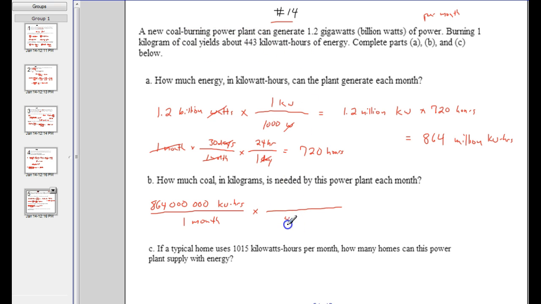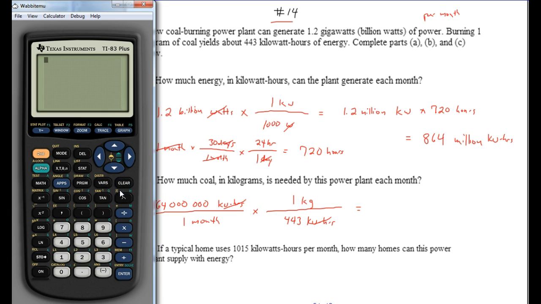So I'm going to put 443 kilowatt hours down here on the bottom because that will offset with this kilowatt hours, and that's the equivalent of 1 kilogram of coal. Maybe you knew to divide, but if you didn't, the setup will show you what to do. There's a 1 down here, there's this number, there's this number, and 1 up here. That means divide this by this to get your answer.